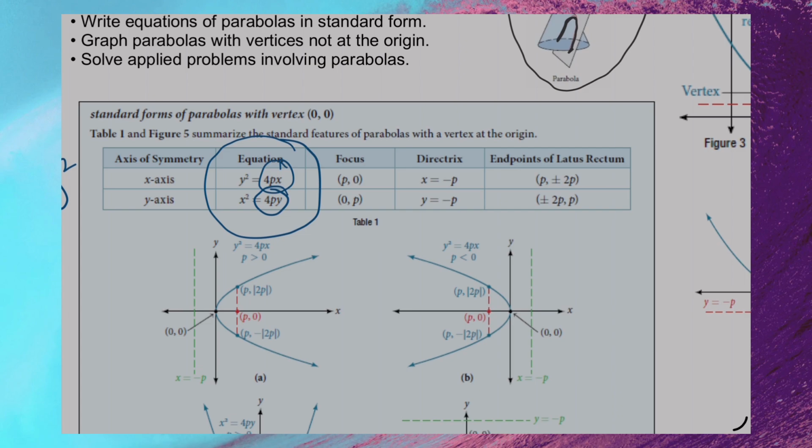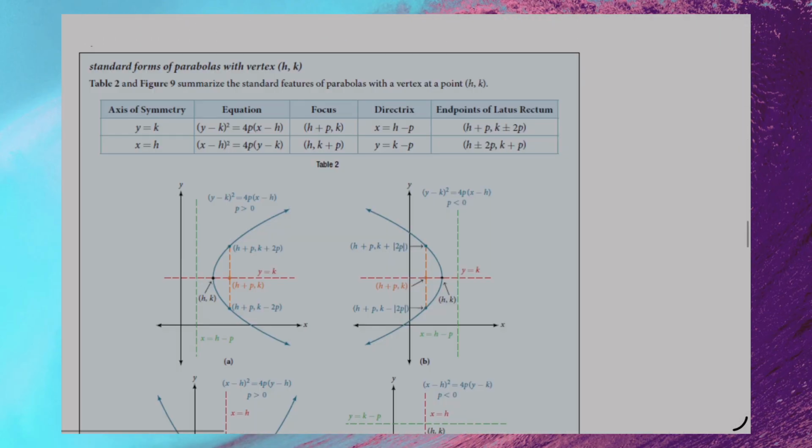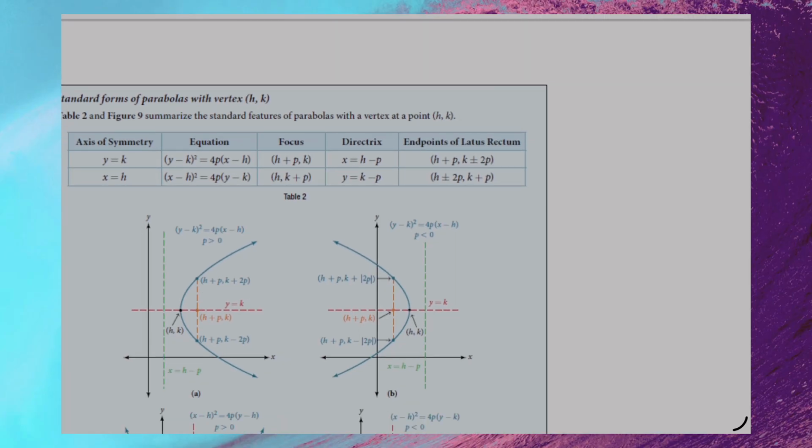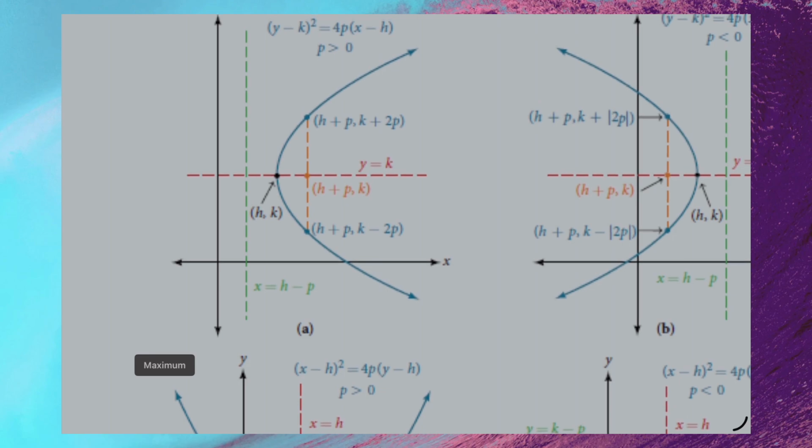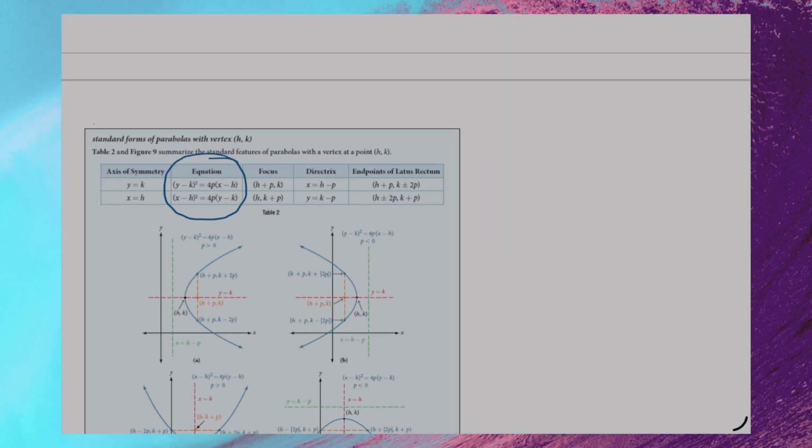Now, if the vertex of the parabola gets moved and it's not at the origin, then just like with the other conic sections, you will adjust the x or the y accordingly. When the center, or vertex in this case, is moved off the origin, we'll have this format where the vertex is (h, k). The distance from the vertex to the directrix line is p units.